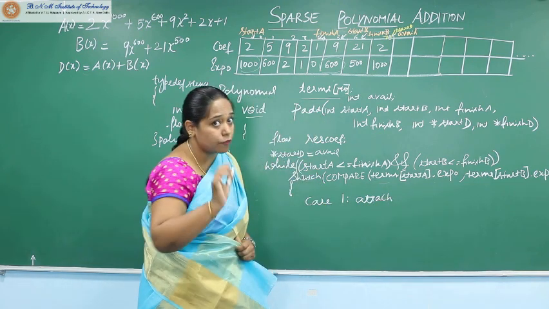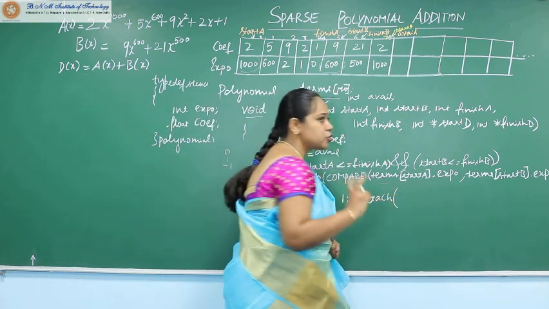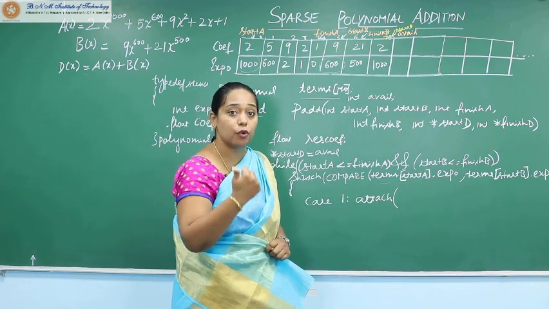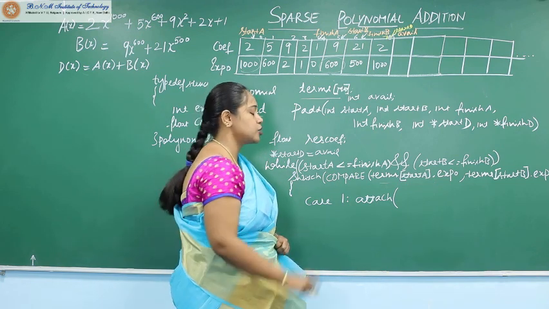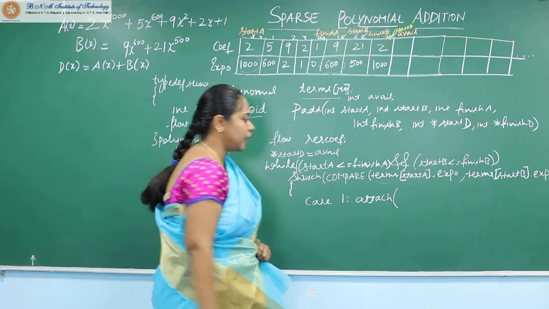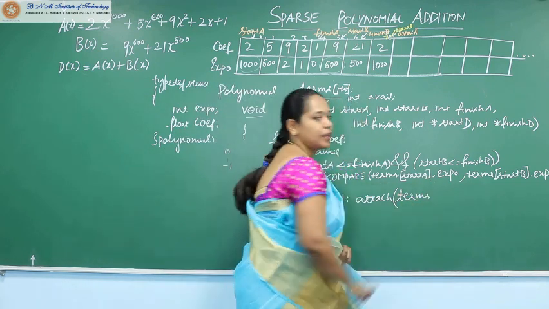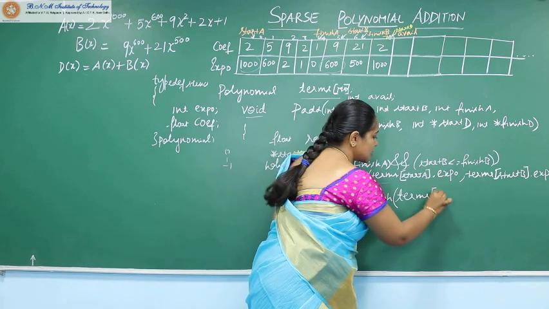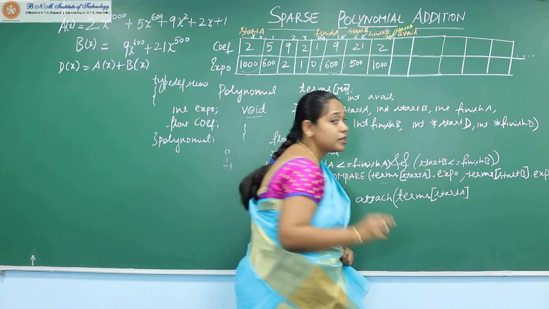Which again we have to define, in such a way that attach takes two parameters. It takes the coefficient which has to be attached, and it takes the exponent which has to be attached. What is the coefficient that has to be attached? The coefficient is present in the terms array and the index is start A and the first parameter is coefficient.